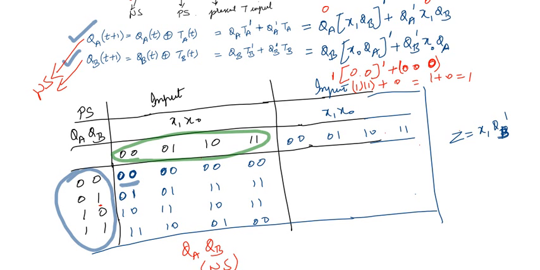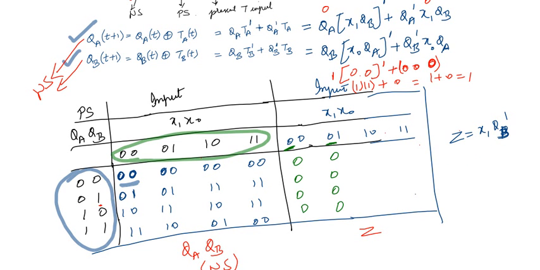When x1 is 0, this is your z. Here you are going to fill the z values. Z is a product of x1 and qb dash. When x1 is 0, no need to worry about the other, so definitely z is equal to 0. Look at this: x1 is 0 here and here, so definitely output is going to be 0.